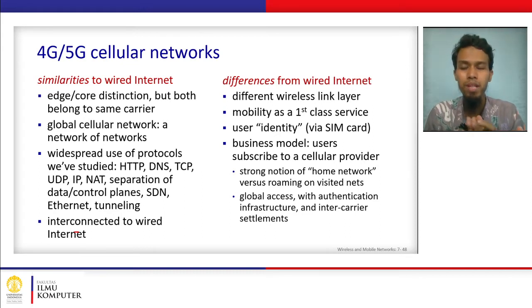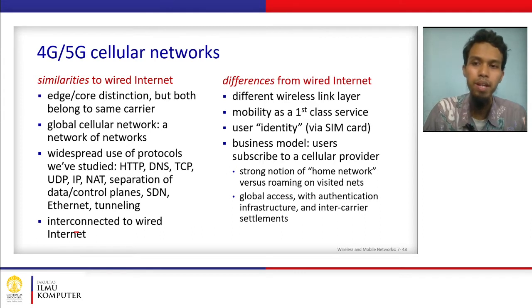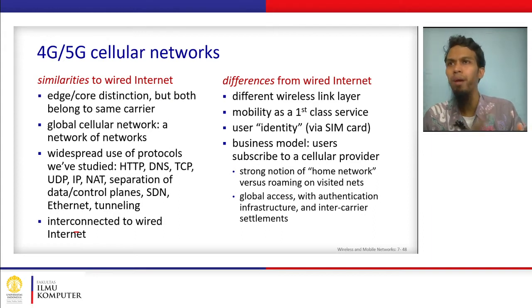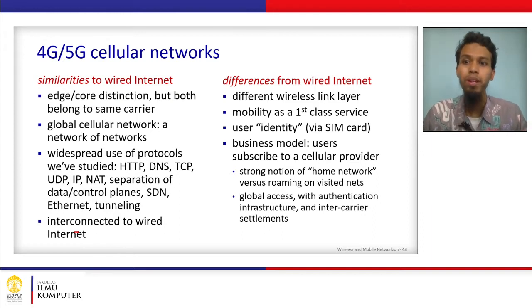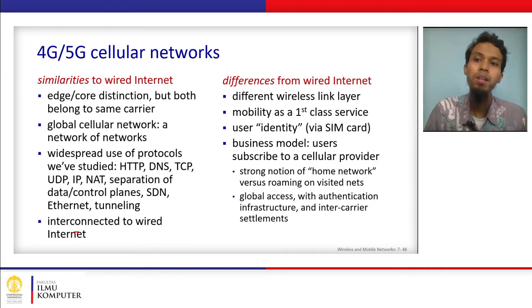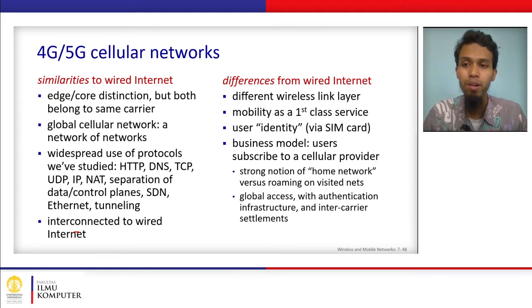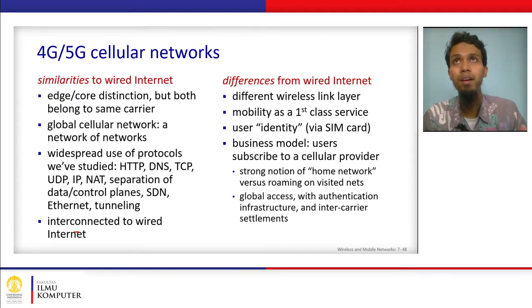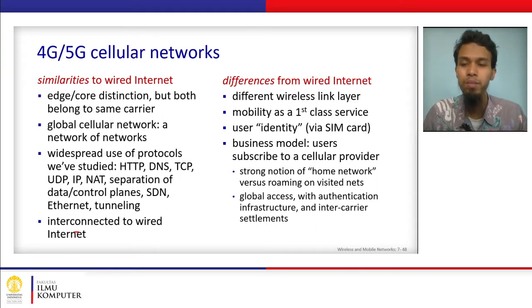We can see some similarities and differences to wired networks. First, we have the edge and core distinction, as in wired networks, but in cellular networks, the edge and core belong to the same carrier, unlike in wired networks, where the core network can belong to different carriers or different telco companies.